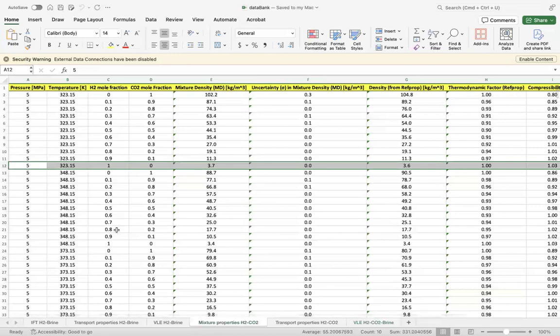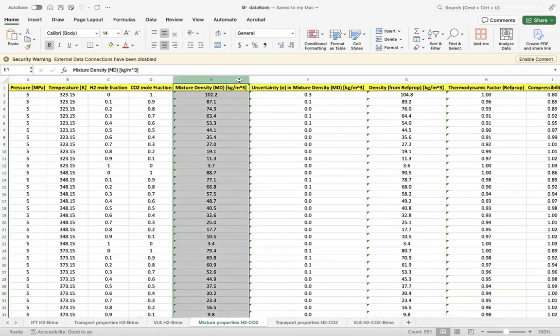Now, to show you one specific example, I will look at this particular sheet called the mixture properties hydrogen carbon dioxide. In this sheet, what you can see is that the densities of hydrogen carbon dioxide mixtures that you see in column E have been tabulated for many different thermodynamic state points.